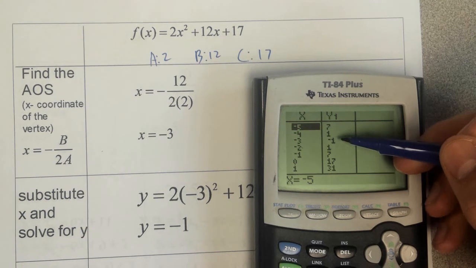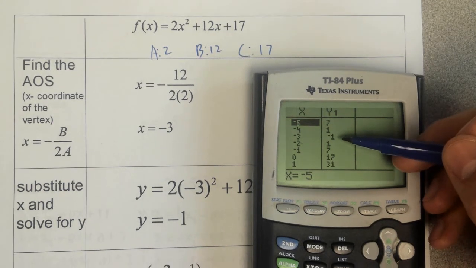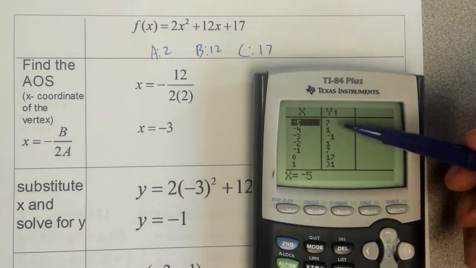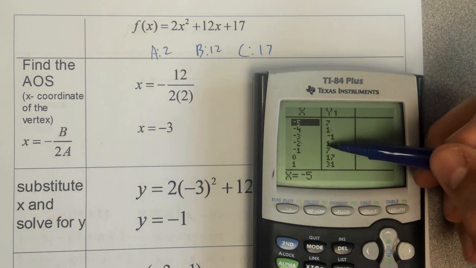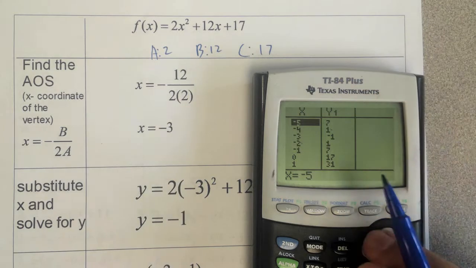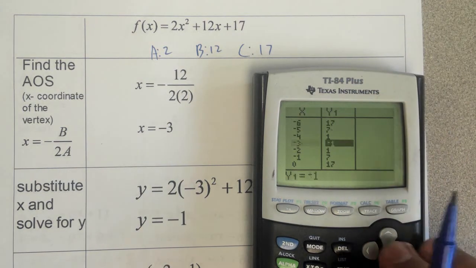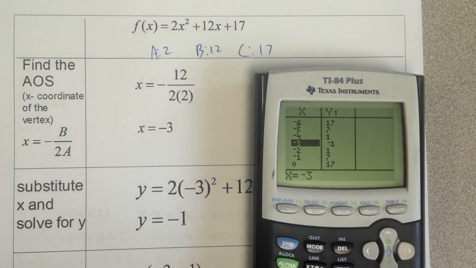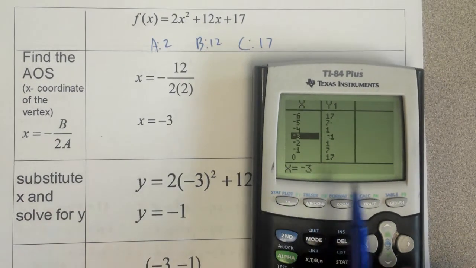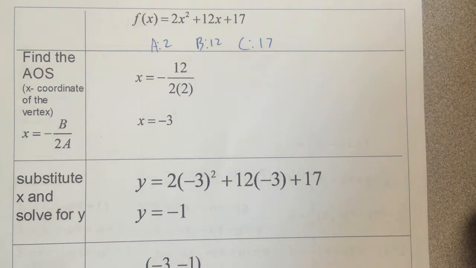My vertex is actually here apparently, but I guess we're just going to do it by hand anyway. Sometimes you see my vertex here, symmetric point, symmetric point, symmetric point, my vertex is in the middle here. So my vertex should be -3, -1, which is listed down here. But we're going to find this by hand instead of just using the calculator like this.